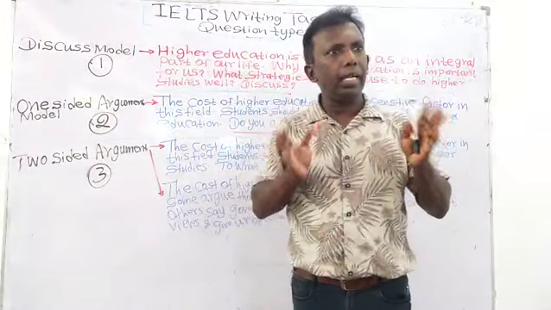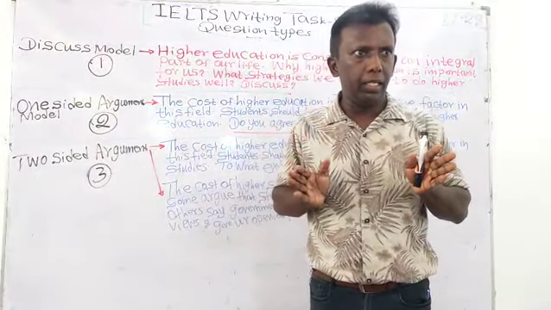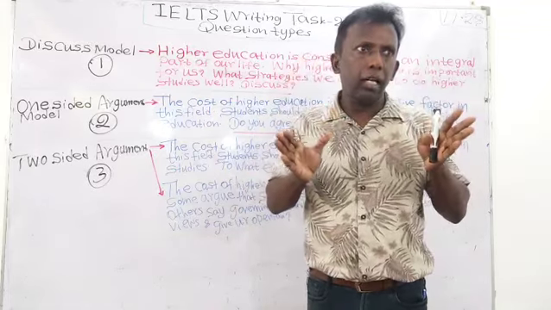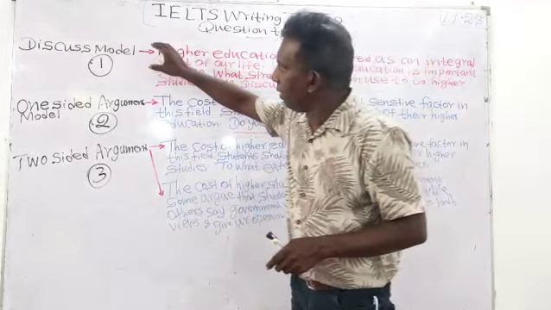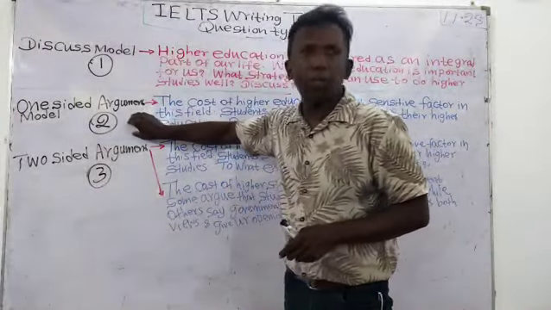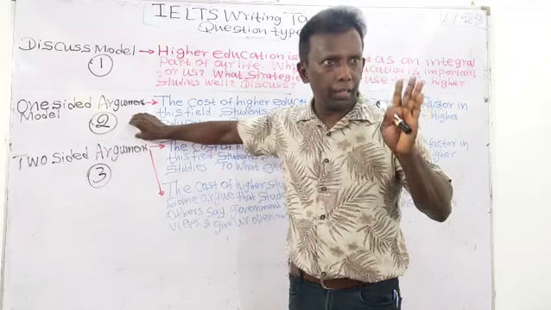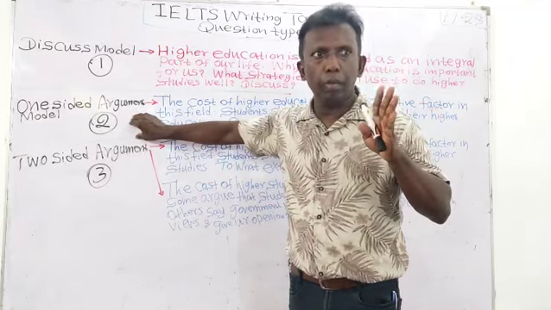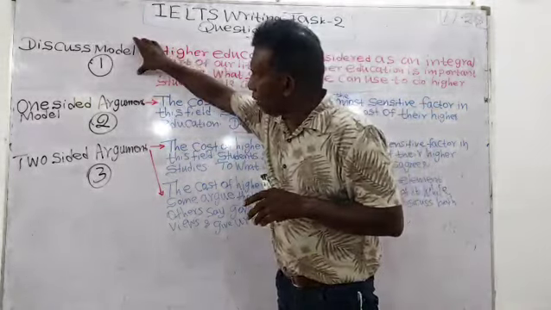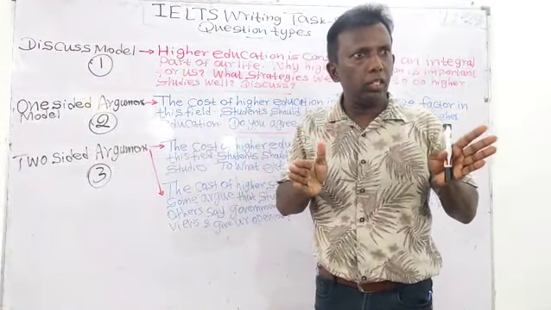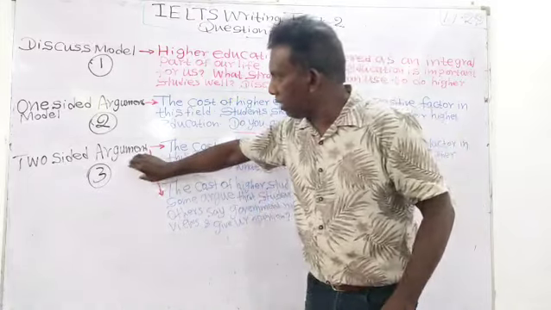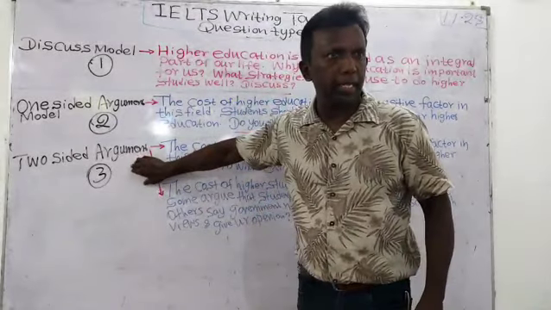Basically, when we look at IELTS General and Academic, in the IELTS General paper, 95% you will get the first and second types of questions. IELTS General students, you want to focus more on the discuss model and the one-sided argument model, but IELTS Academic students, most of the time they will get the type we call two-sided argument.